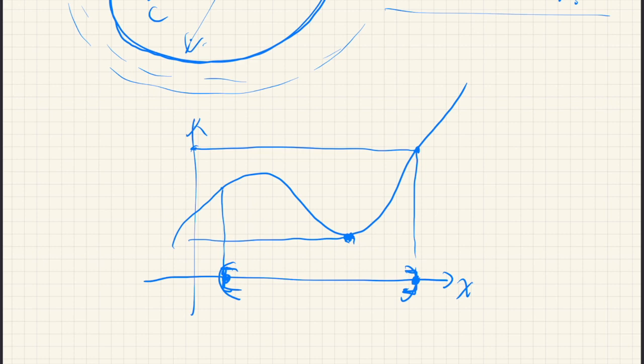Then these endpoints are not included in the domain. So the function in this case does not have a maximum value, because this point is excluded. But somewhere close to this one is greater than this local maximum, so it doesn't have a maximum point. Therefore, the important requirement is that the domain is a closed set.